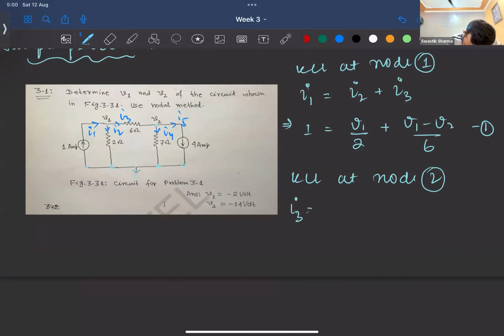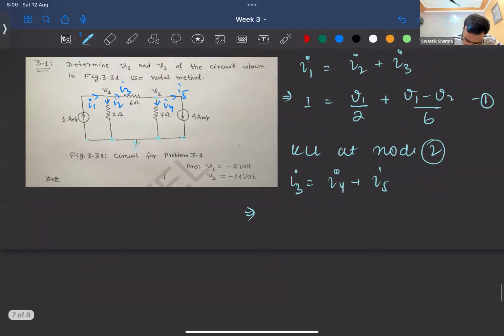KCL would be I3 equals I4 plus I5, which would come out to be how much? V1 minus V2 by 6 equals V2 by 7 plus 4 ampere, right? So this is the second equation.